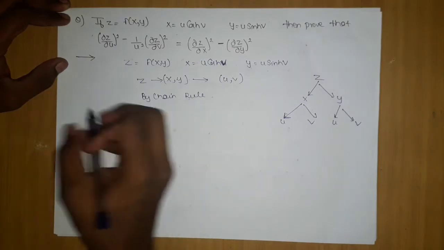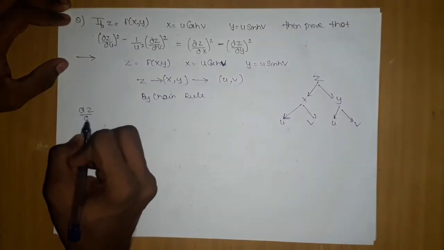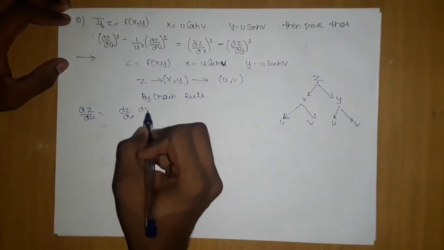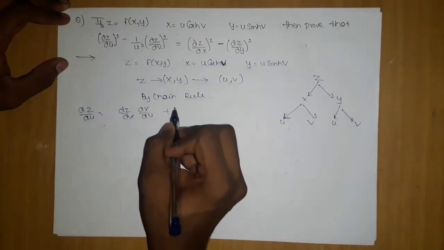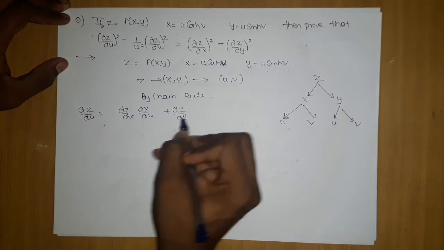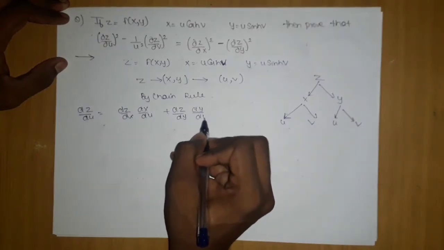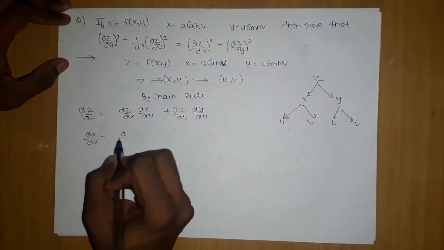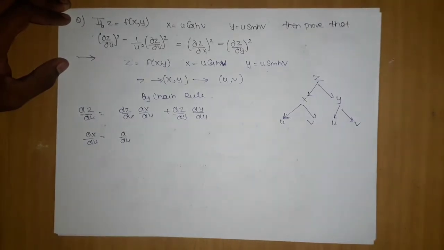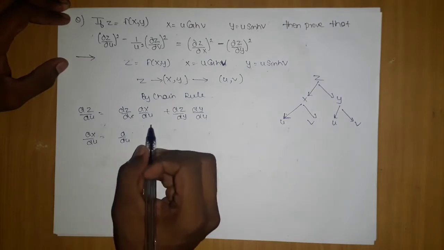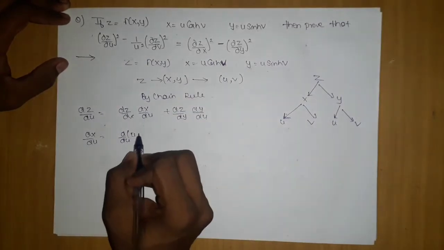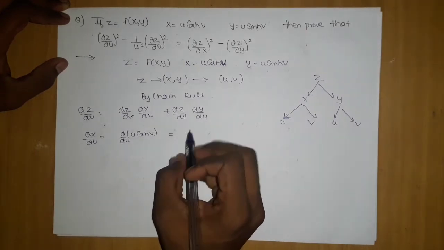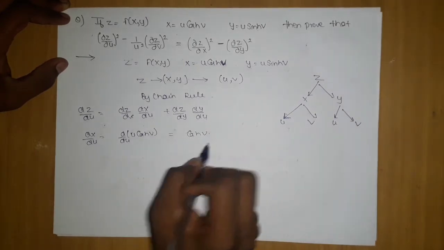What we can see, ∂z/∂u is the first thing we find: ∂z/∂x into ∂x/∂u plus ∂z/∂y into ∂y/∂u, right? So ∂x/∂u is ∂/∂u of u cos hv, which is nothing but cos hv.